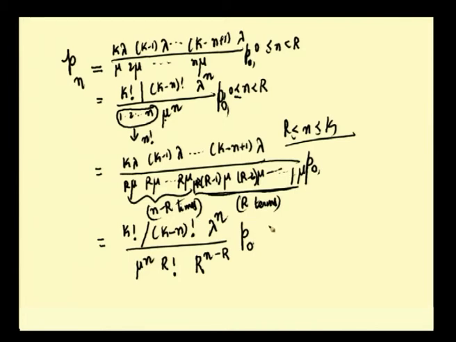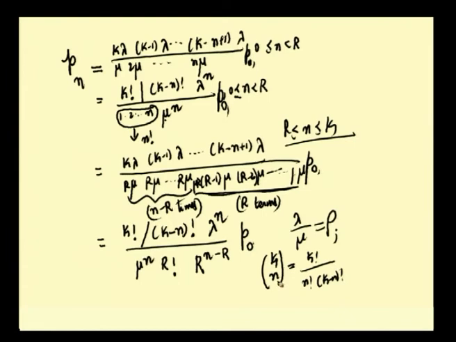So, this we further rewrite using combinatorics. The first observation is that we replace lambda by mu to be equal to rho. And then what is KCN in general? KCN is k factorial by n factorial into k minus n factorial.